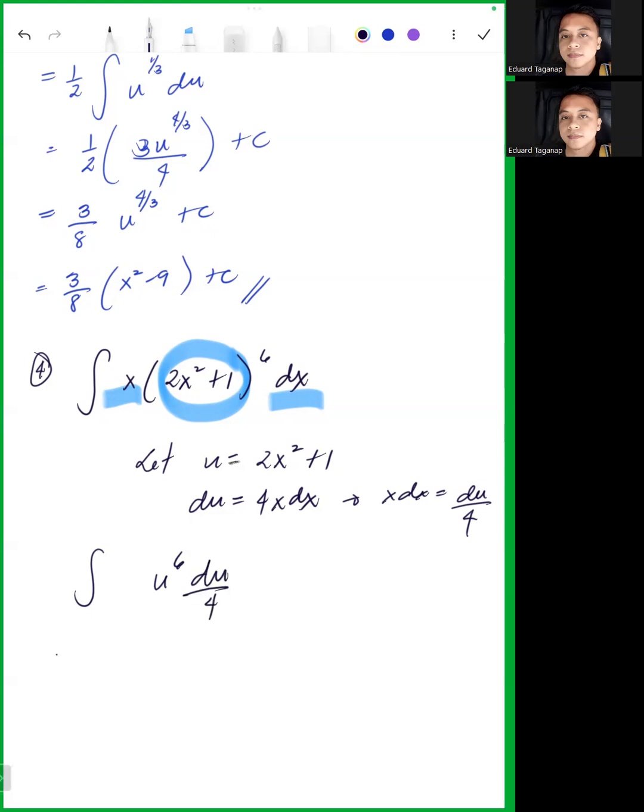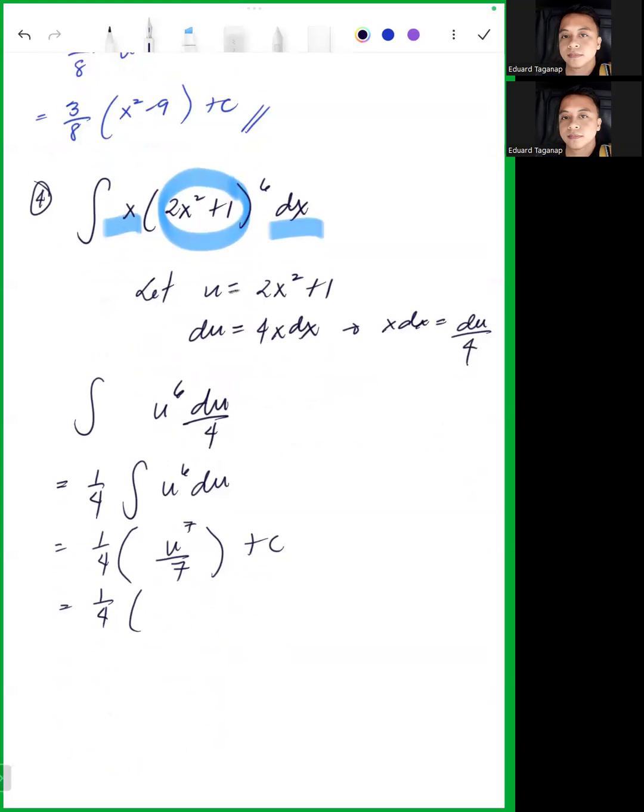Solving this integral, applying the power rule, it's u raised to 7 over 7 plus c. Sorry, I forgot to simplify. 1/4 times 1/7 is 1/28, and u is 2x squared plus 1, so we have 1/28 times 2x squared plus 1 raised to 7, plus c.